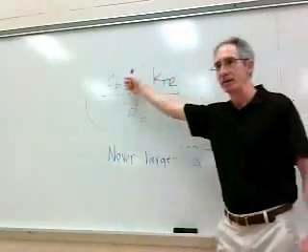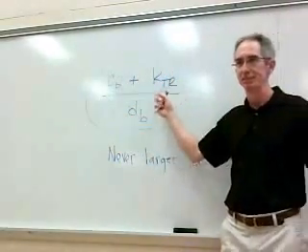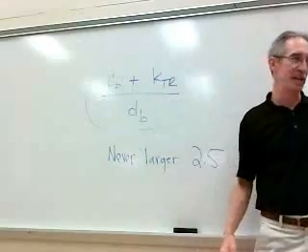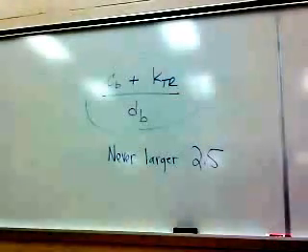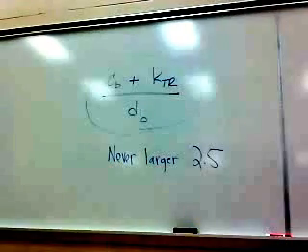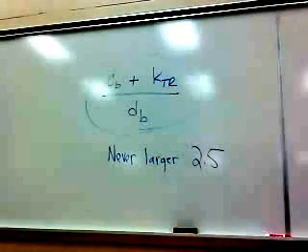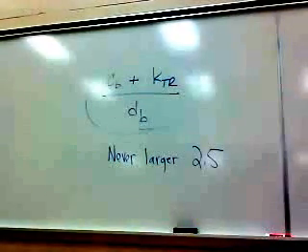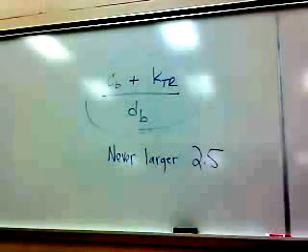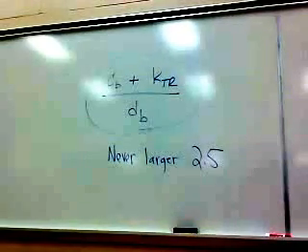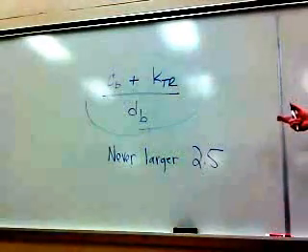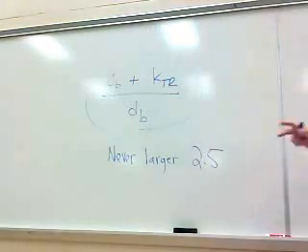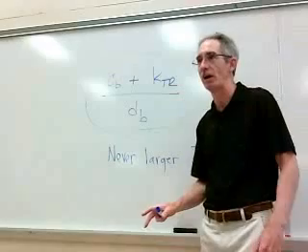That denominator of this formula, once you get done calculating it, never is more than 2.5. It can calculate out to be larger, but if it is larger, you use 2.5. It can calculate out to be 4.2, but if it does, you use 2.5. You just replace the whole thing with 2.5.